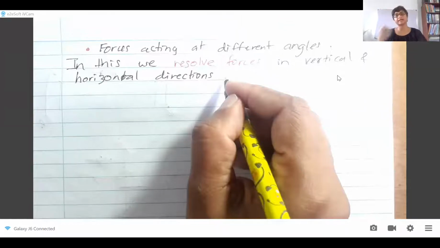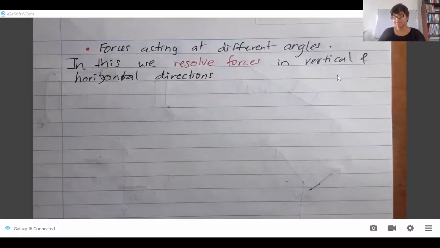And when you do that, all your forces would be acting along the horizontal line or along the vertical line, and you can use the previous three ways in which we added forces to find the resultant.